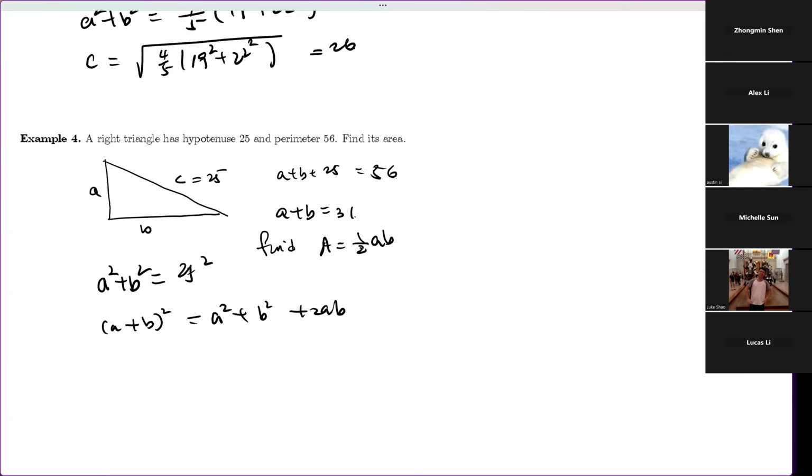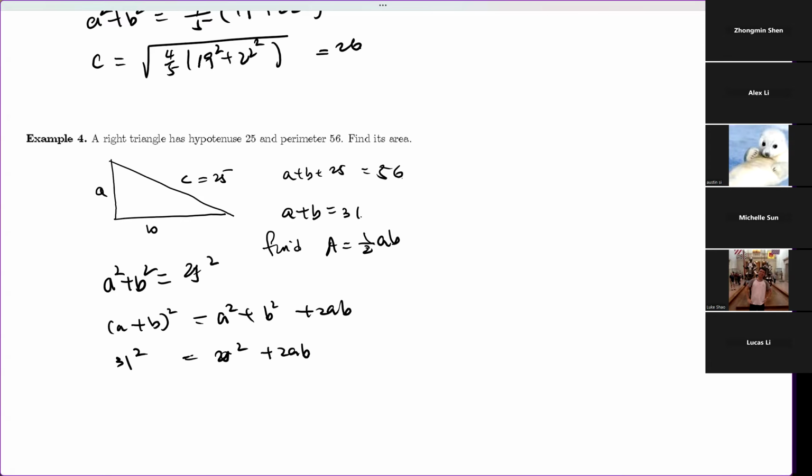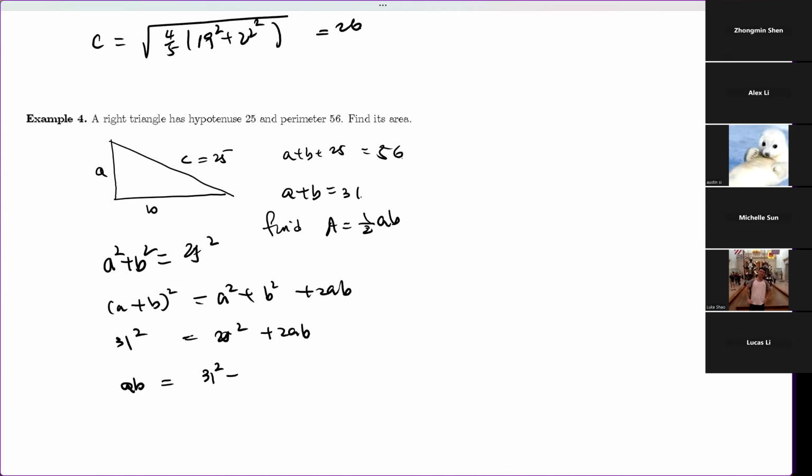From this identity, A plus B is 31, and A squared plus B squared is 25 squared, plus 2AB. So from here, find AB. 2AB equals 31 squared minus 25 squared.